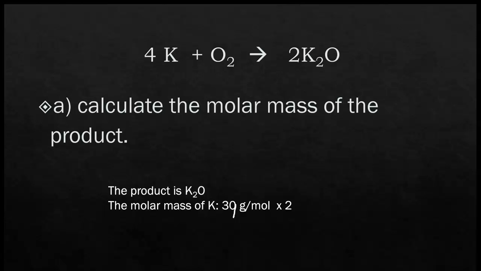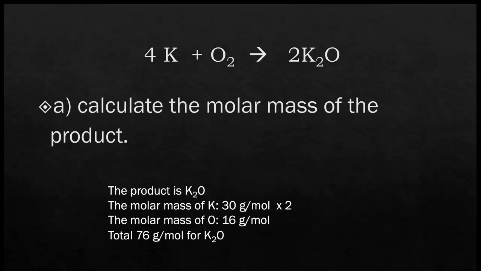The molar mass of oxygen is 16. And as we multiply that 39 times 2, add 16, you should come up with the molar mass of K2O. Let me do the quick math here, as 94 grams per mole.